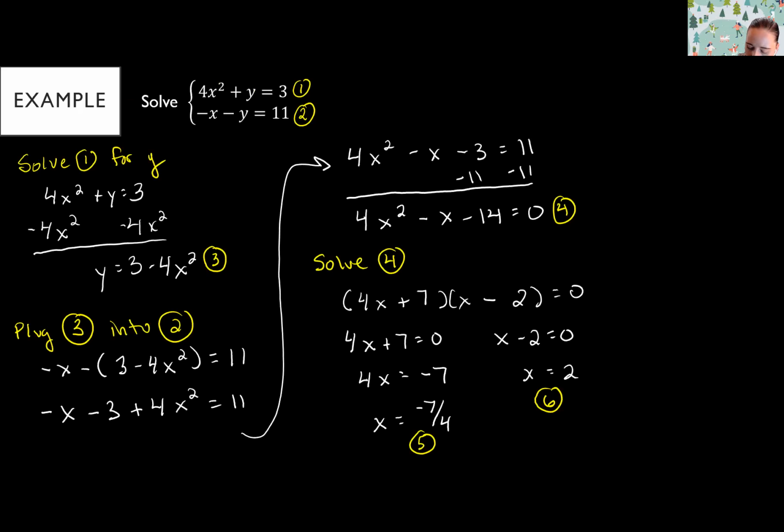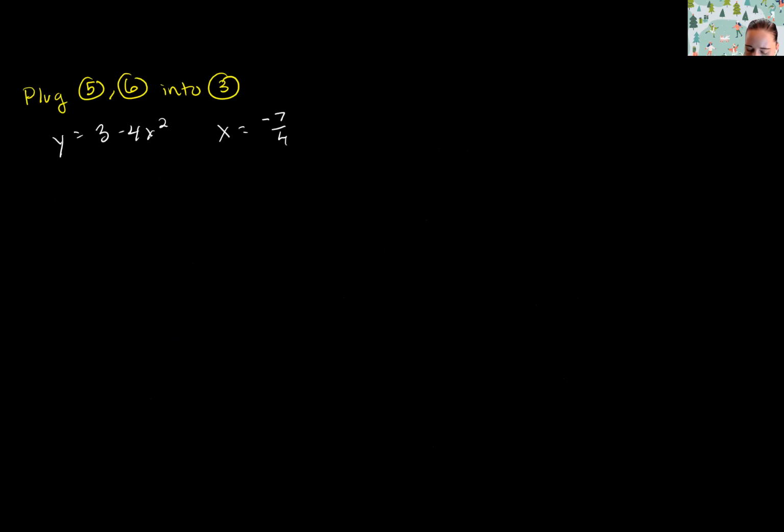One, 2, 3. Okay. So 3 was y equals 3 minus 4x squared. And we got x equals negative 7 over 4 and x equals 2. So just writing those down.